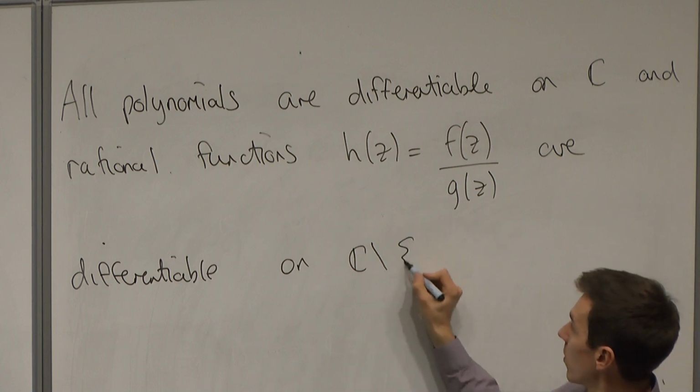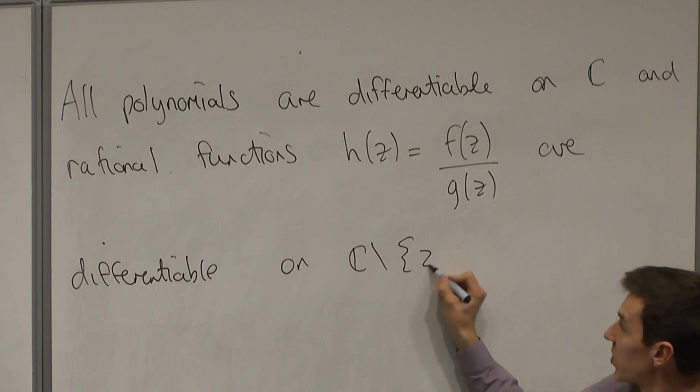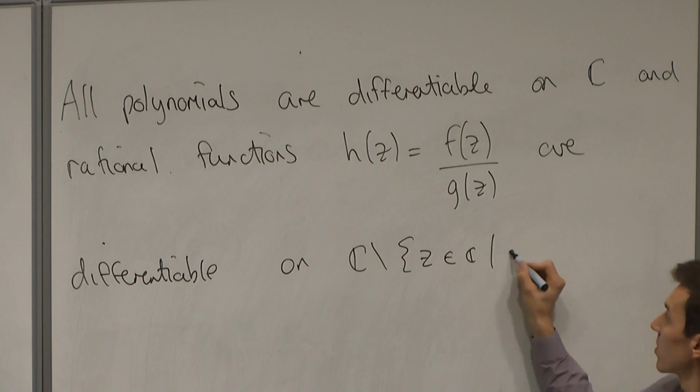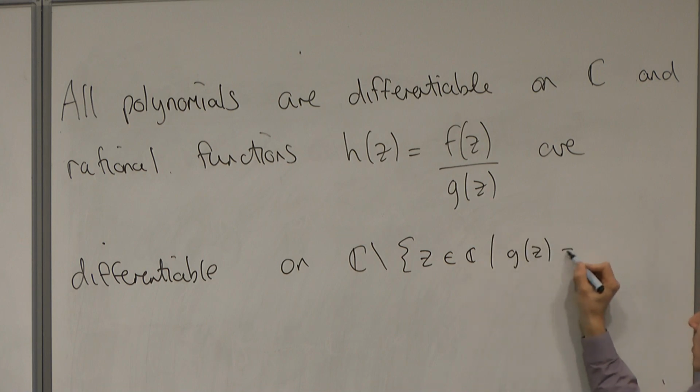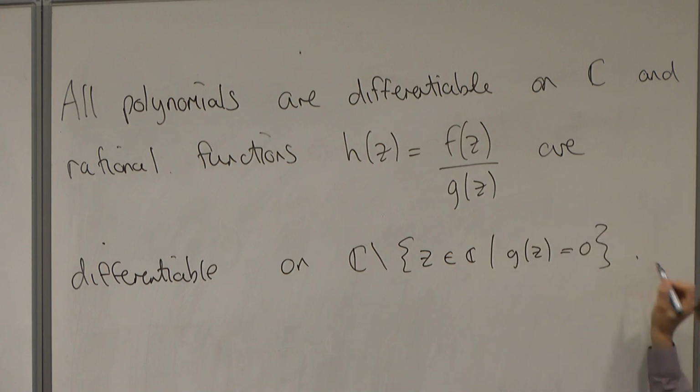So C minus the points z such that g(z) is equal to 0. Okay?